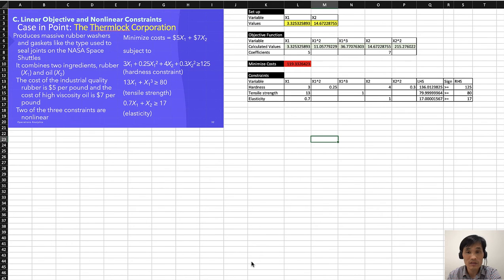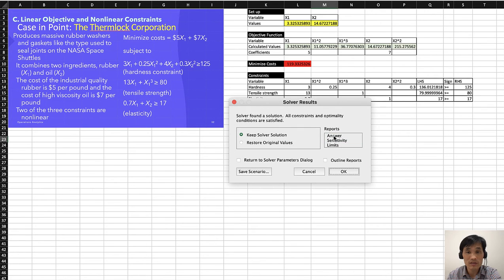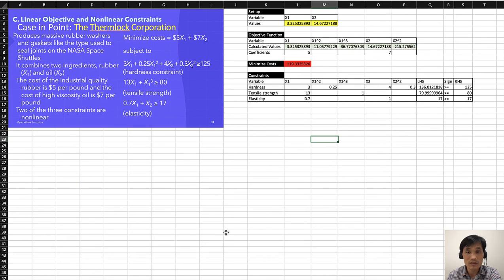Okay, it's solved, and it gives me the answer and sensitivity analysis, so I'm going to produce them. It says that x1 is 3.32 and x2 is 14.67. So rubber has to be about 3.32, and oil has to be 14.67, and that is going to minimize the cost.